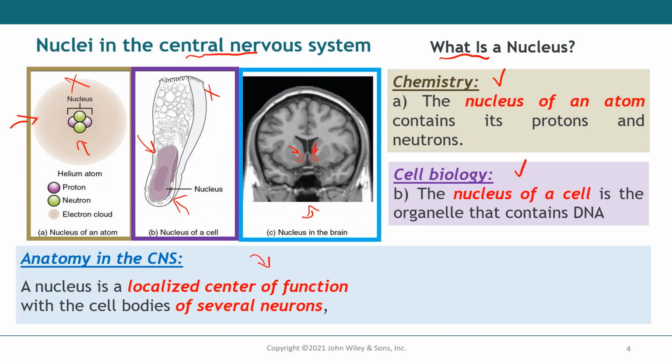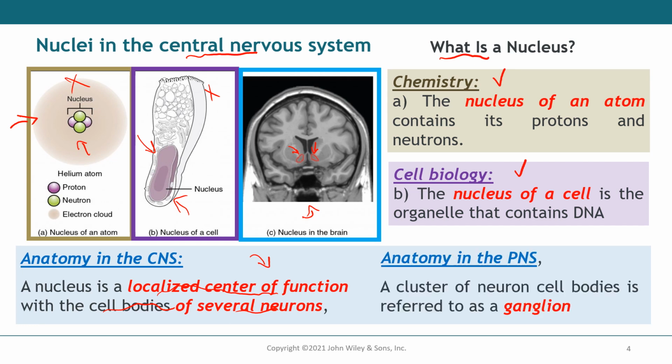So we are going to talk about different nuclei: nuclei for respiration, for audition, and different types of those. These are places where there are a lot of neurons, the cell bodies of neurons, that are in charge of a specific function, and this is in the central nervous system.